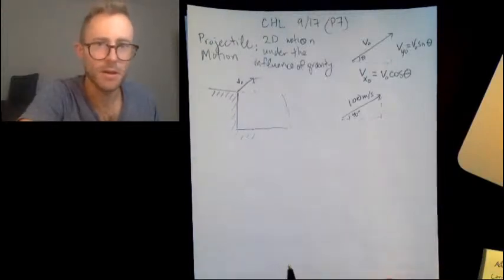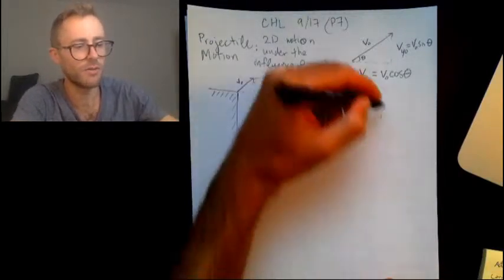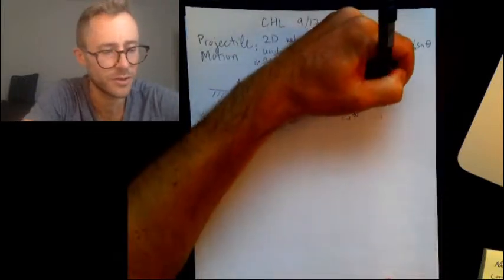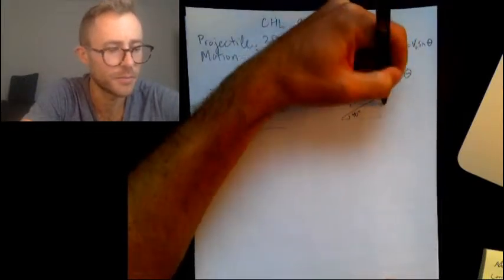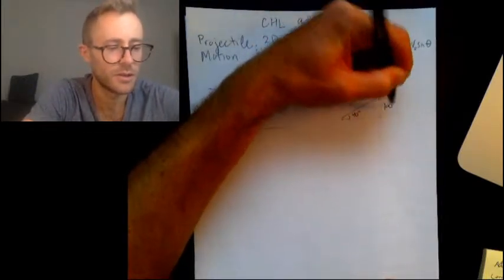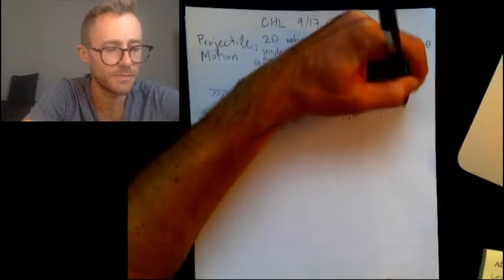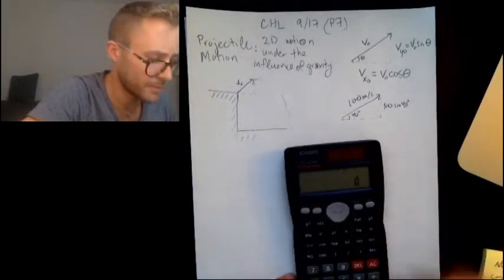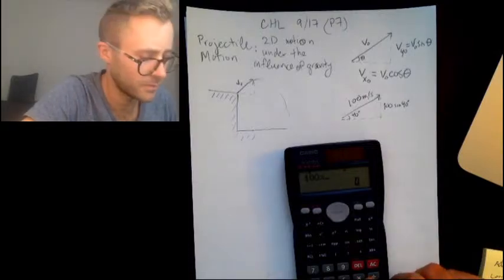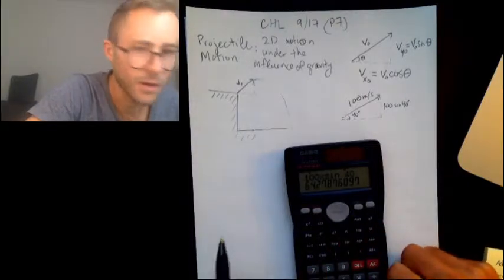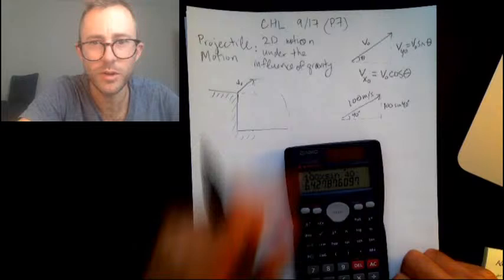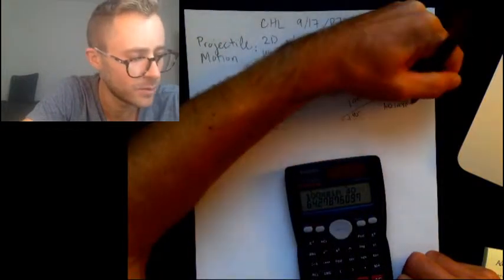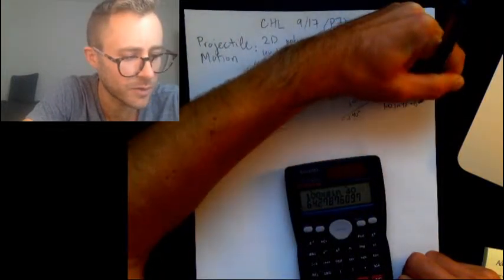If I wanted the vertical component of that initial velocity, I would do 100 sine of 40. Just plug into my calculator here. That gives 64.3. We'll just call it 64 meters per second.